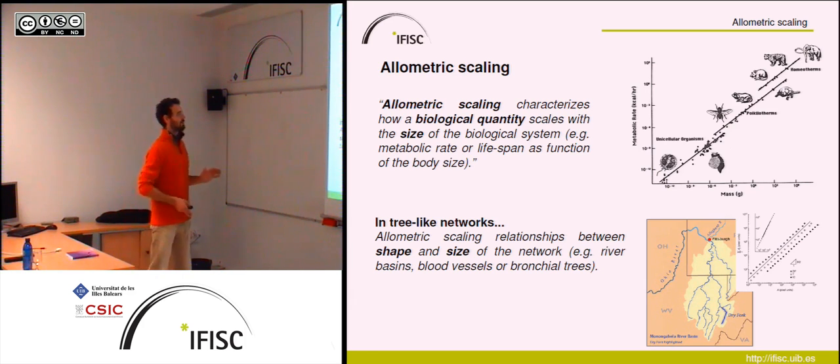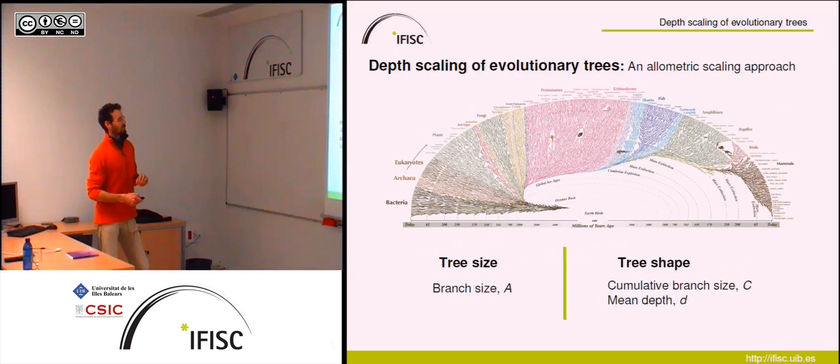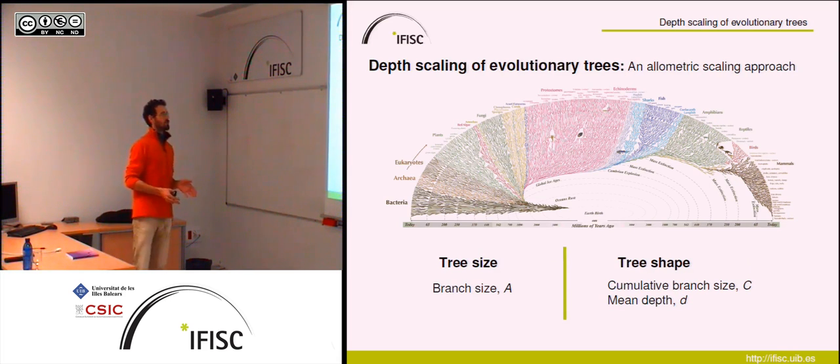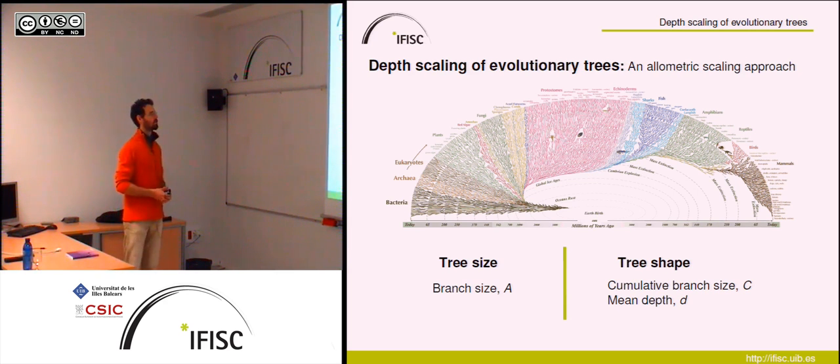Taking this theoretical background into account, we decided to extend this approach of the allometric scaling analysis in tree-like networks to the characterization of another tree: the evolutionary trees, the tree-like representation of evolution, such as here, an example of a tree of life.